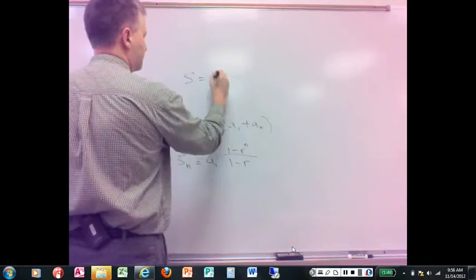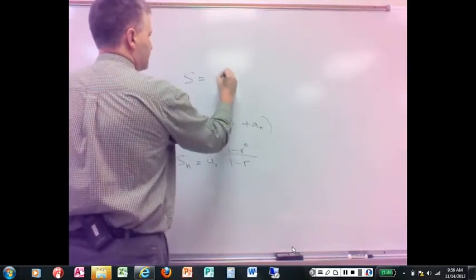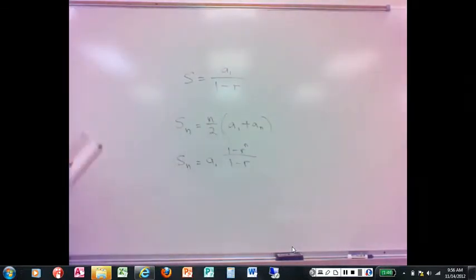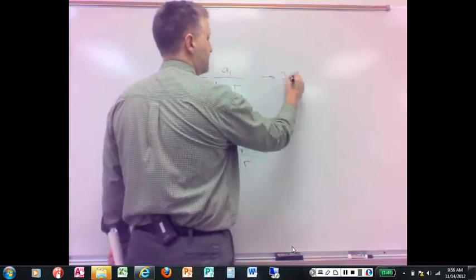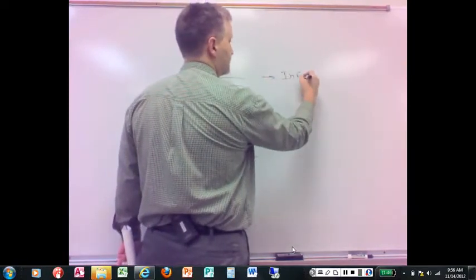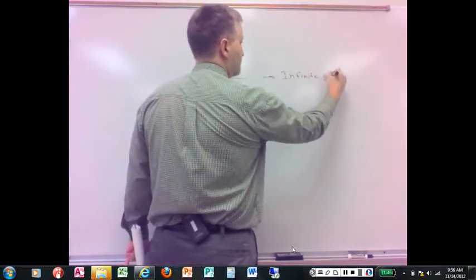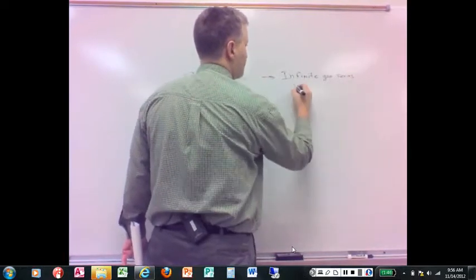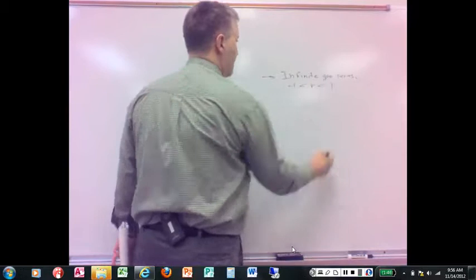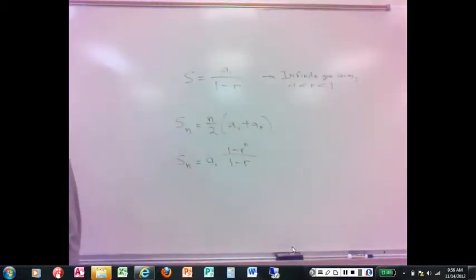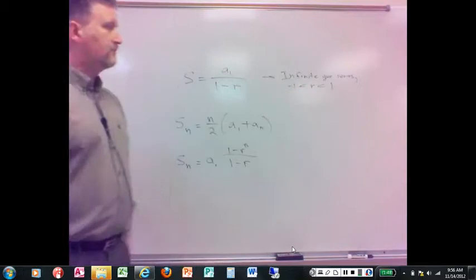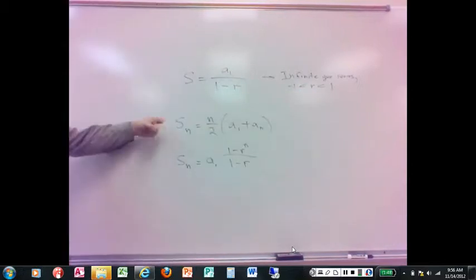Kind of write them out of order here, but the thing is to know when you use them. All right, so this one again, we just did that one. That's the infinite geometric series with r between -1 and +1. That's when I use that. When I have the infinity symbol on my sum, and r is between -1 and 1.